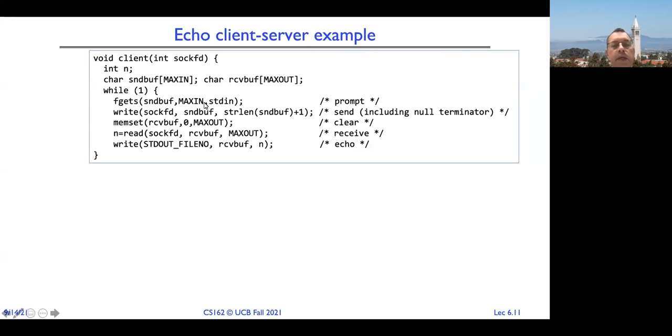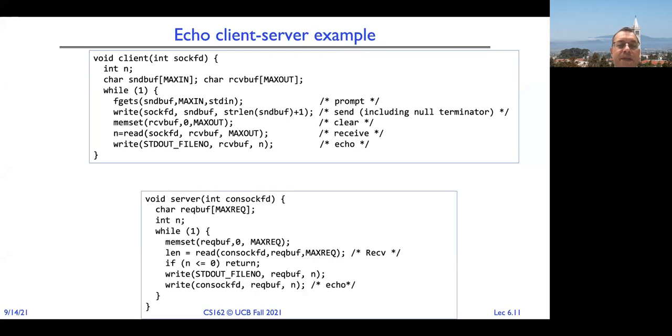You get the message, you write to the socket, you read it back, and you print it out. And before you read it back, you clear the buffer, so you know that it's not the message you just sent that is still in the buffer. You clear it to know that what you have in the buffer is what you received from the server.